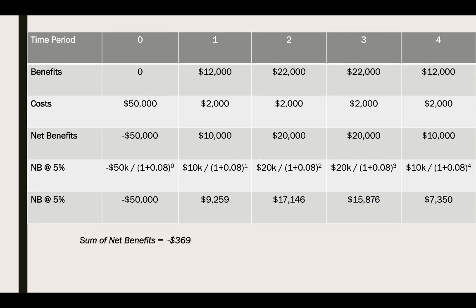Well, my sensitivity analysis now goes above and beyond to an 8% discount rate. Well, now we're in the negative. So if we go a little bit too high on that discount rate, on that interest rate, we might actually be in the negative, and this program might not be approved.